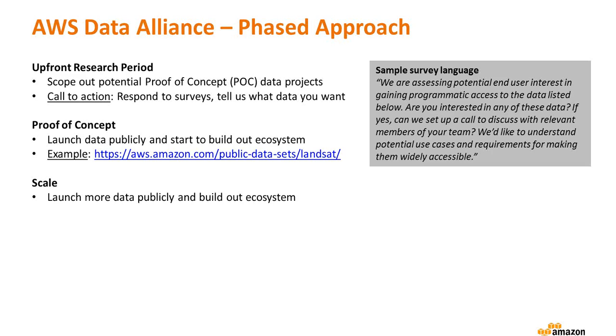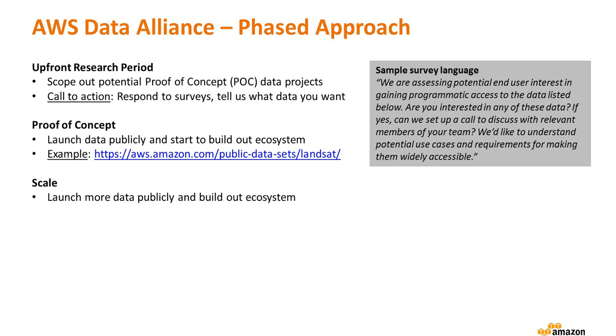And once again, to get a sense for what this looks like, I really encourage you to look at our public data sets. And so during that proof of concept phase, if we launch the data publicly, we'll start to build out an ecosystem. Landsat is really a fantastic example.